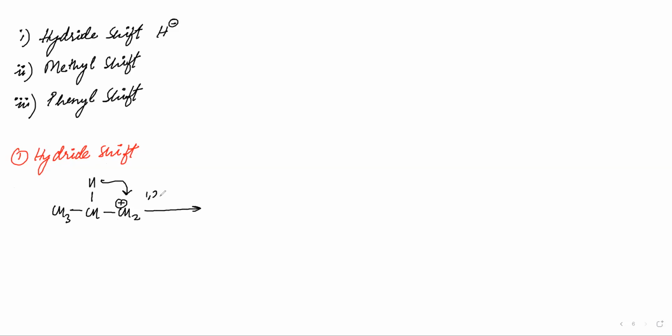This is called 1,2 H shift. Why 1,2 H shift or H minus shift? Because the migration is happening from 1 to 2. So now it will become CH3, CH positive, and then again CH3.